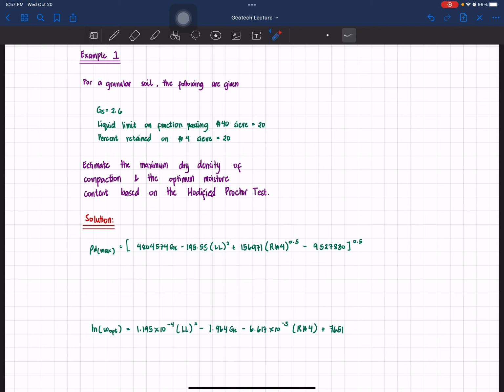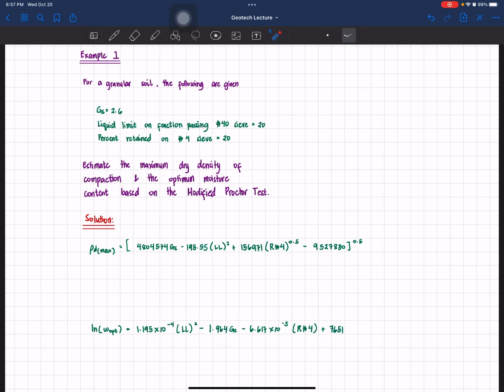We discussed before that there are two formulas there, the Omar and the Sridharan. Based on the given, we should know which formula to use. In this case, it is the liquid limit and the percent retained which were given.